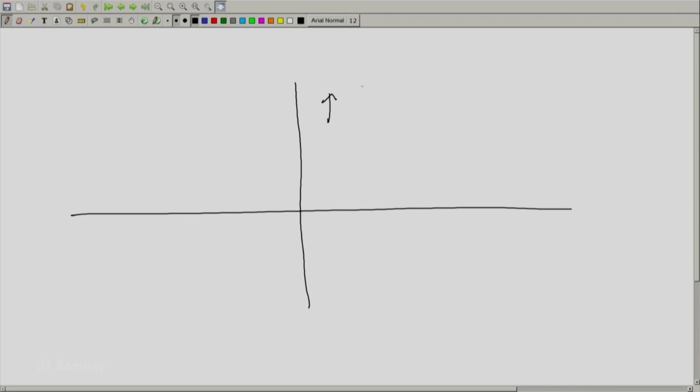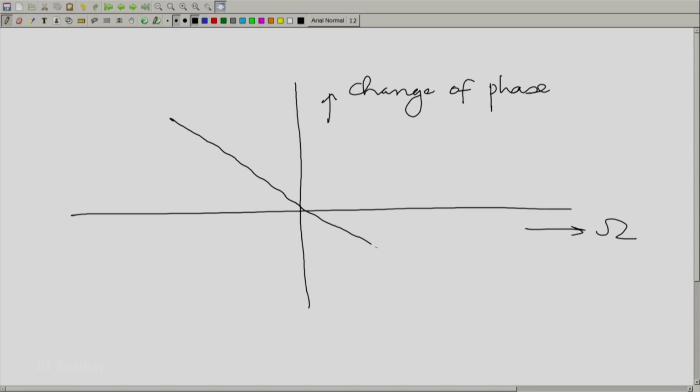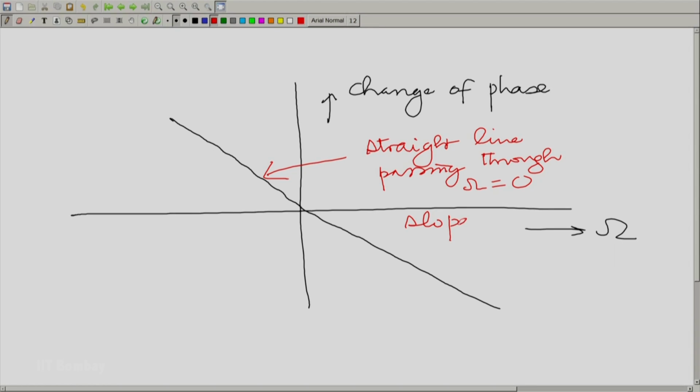So, we will notice that the change of phase as a function of omega is essentially omega tau 0, in fact minus omega tau 0 to be precise. So, it is a straight line passing through the origin with a slope of minus tau 0.